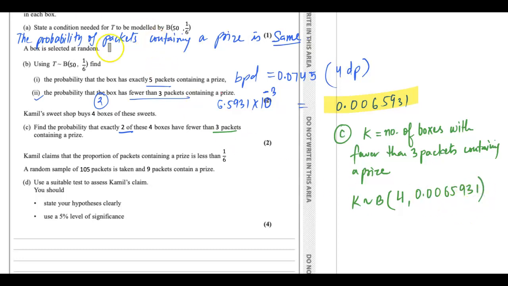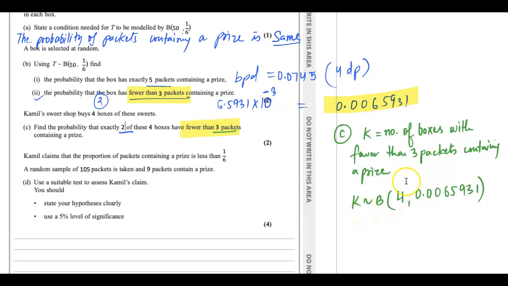Hope you're understanding why, because we have to find the probability that exactly 2 of these 4 boxes have fewer than 3 packets.